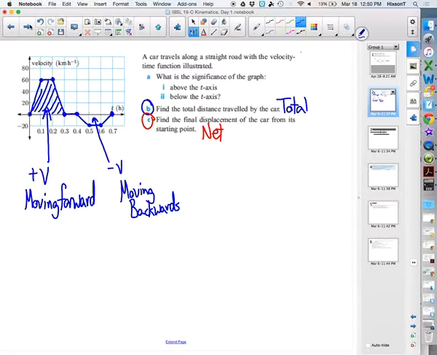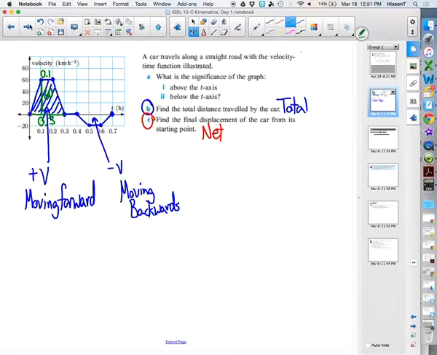So, when I'm looking at this, I've got two trapezoids here, so I need to find areas. So this is a good opportunity to practice our area of a trapezoid. From here to here is point 1. That's one base. From here to here is point 3. And the height of this trapezoid is 60. Okay? Remember what the area of a trapezoid is? Wasn't it 1/2 base 1 plus base 2 times the height?